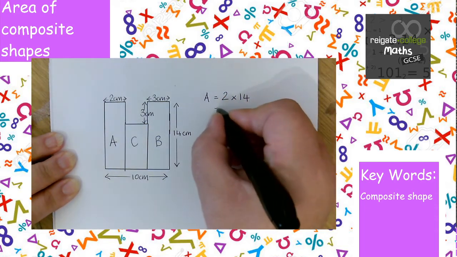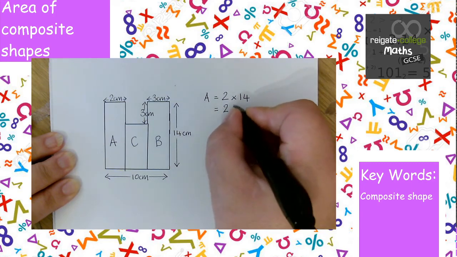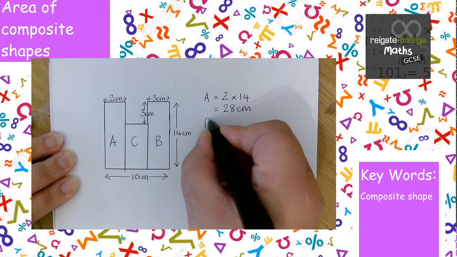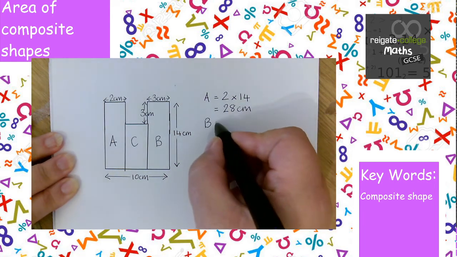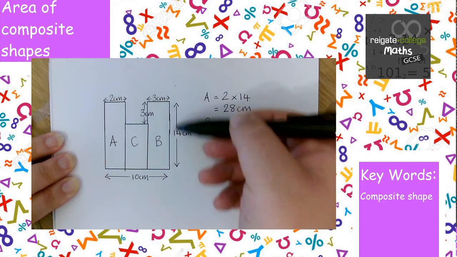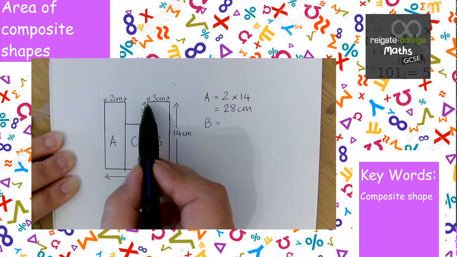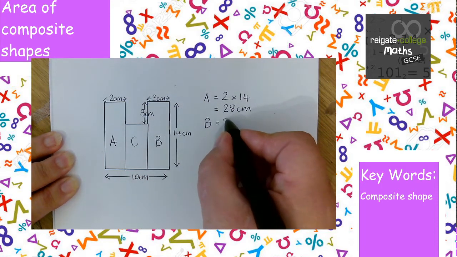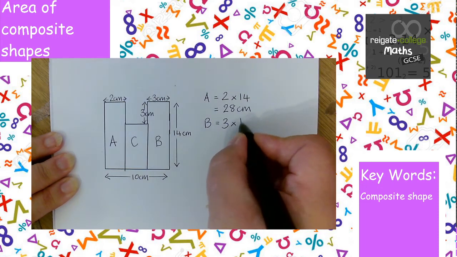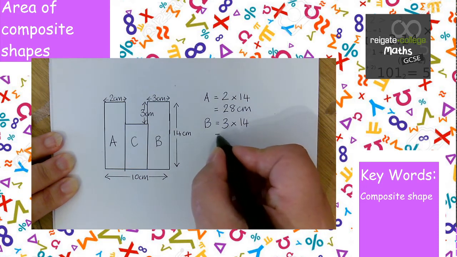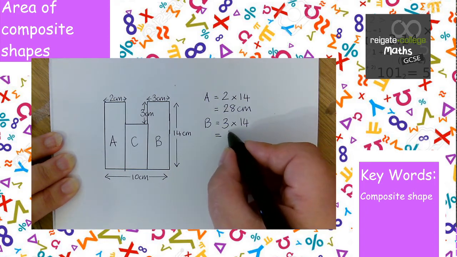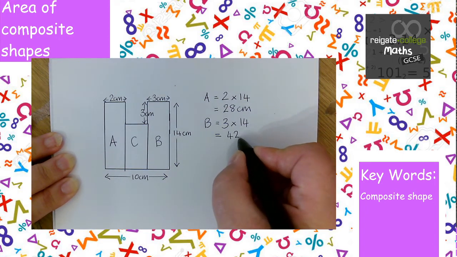That gives us a total area of 28 centimetres. Rectangle B, similar in dimension, 14 high, but this time it's indicated as 3 centimetres wide. So that's 3 times 14, which gives rectangle B an area of 42 centimetres.